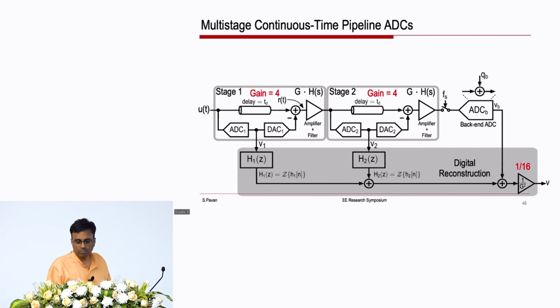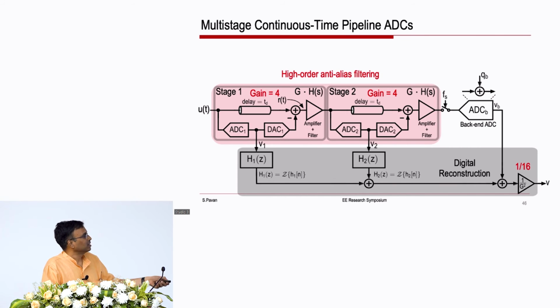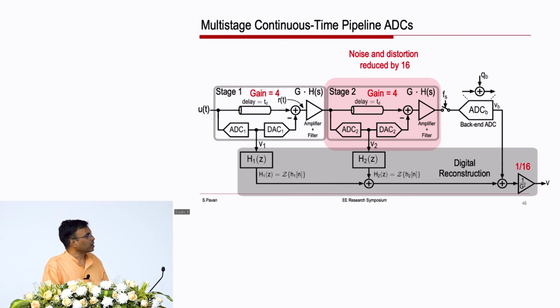But the key point now is that the input, as you can see, and which will also be evident from the math if you go through it, goes through two stages of filtering before getting sampled. So, you are getting high order anti-alias filtering. Most importantly, each stage now has a gain, and therefore, the noise and distortion of each of these stages is reduced.